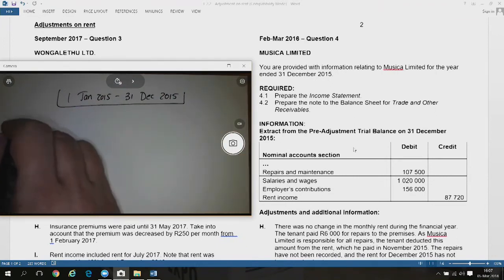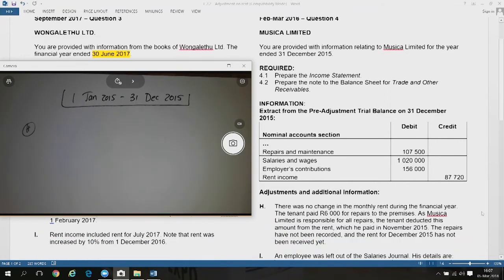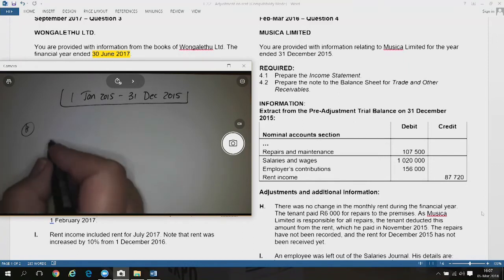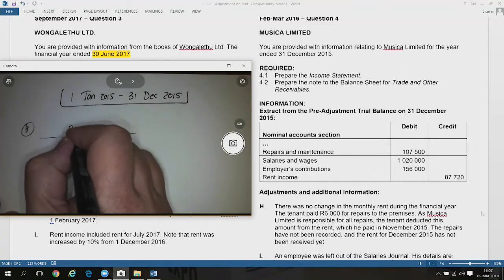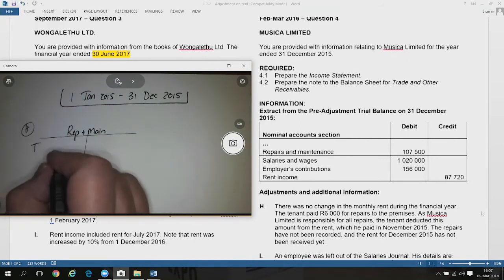Adjustment number H. There was no change in the monthly rent during the financial year. So everything that I did with you today was not applicable in this adjustment. The tenant paid 6,000 Rand for repairs to the premises. As Musica Limited is responsible for all repairs, the tenant deducted this amount from the rent which he paid in November. There's repairs and maintenance with a total of 107,500.